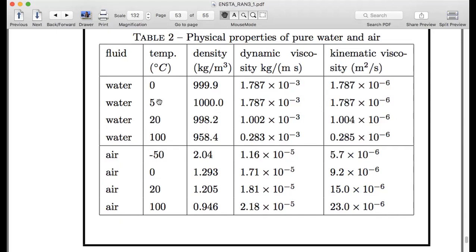But then there's this funny thing where if you reduce the temperature more, the density gets less. It's very counterintuitive. This is for pure water, it doesn't apply to seawater, but fresh water has its maximum density at 4 degrees Celsius. It stays liquid at lower temperatures, but its density gets less. So that's very exceptional.